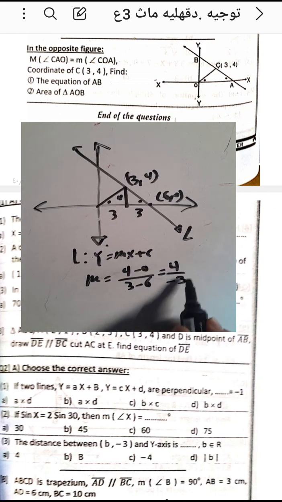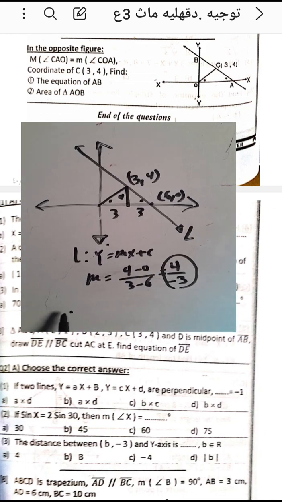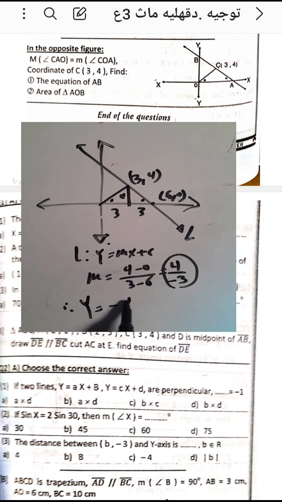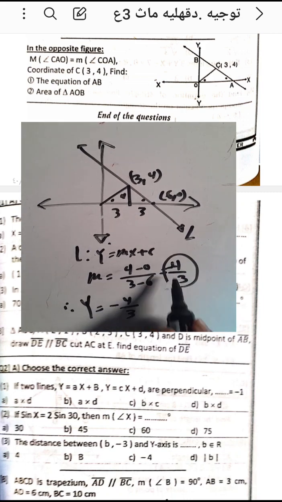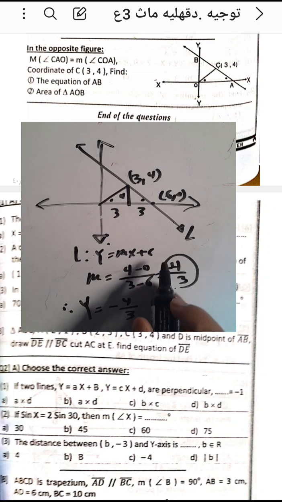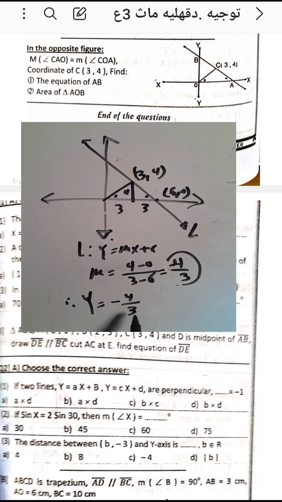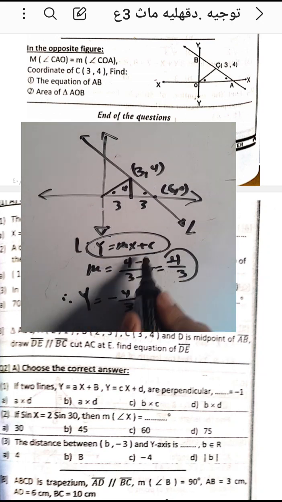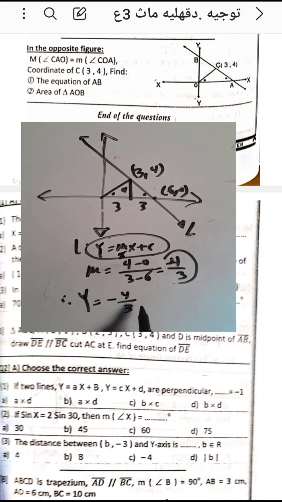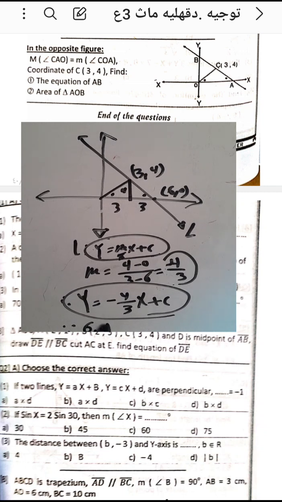This is the slope, it will be negative 4 over 3. Then the equation y equals negative 4 over 3 x plus constant, in the simplest form. We have the point 6 and 0 belonging to y and satisfies this equation.